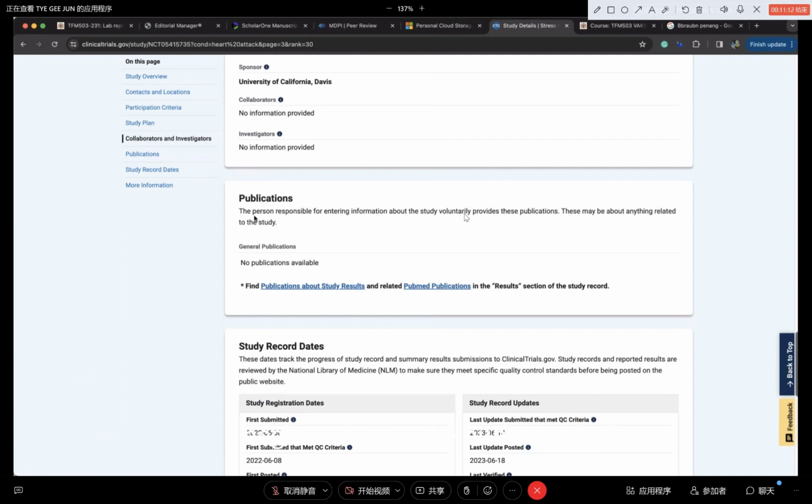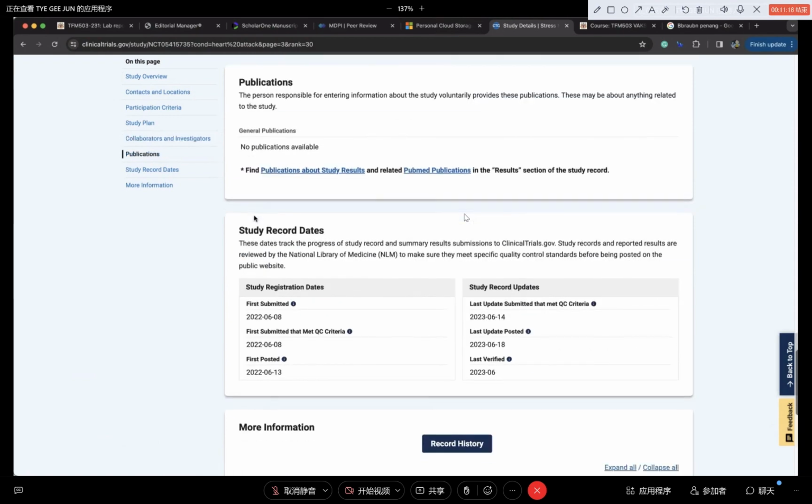Okay, negative results also get published, but sometimes most people will want to publish when it's positive. Okay, and then a lot of pharmaceutical companies won't put a publication, be it positive or negative.